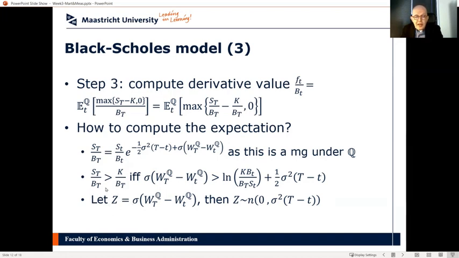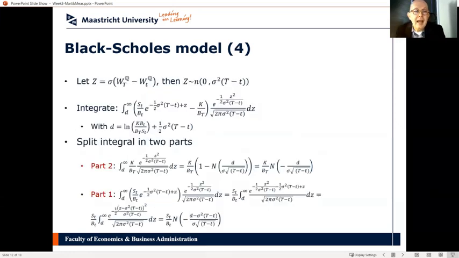Let's now introduce a new random variable capital Z, which is sigma times the Brownian increment. Then Z has a mean of 0 and a variance of sigma squared (T minus t). And I now need to integrate to compute the expectation. I integrate over the positive part of all the payoffs. So that is the integral from D going to infinity.